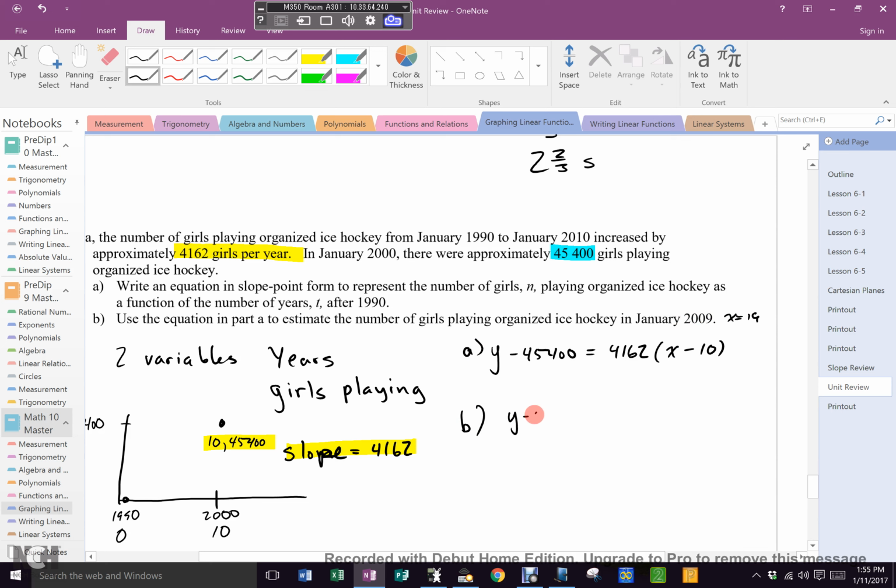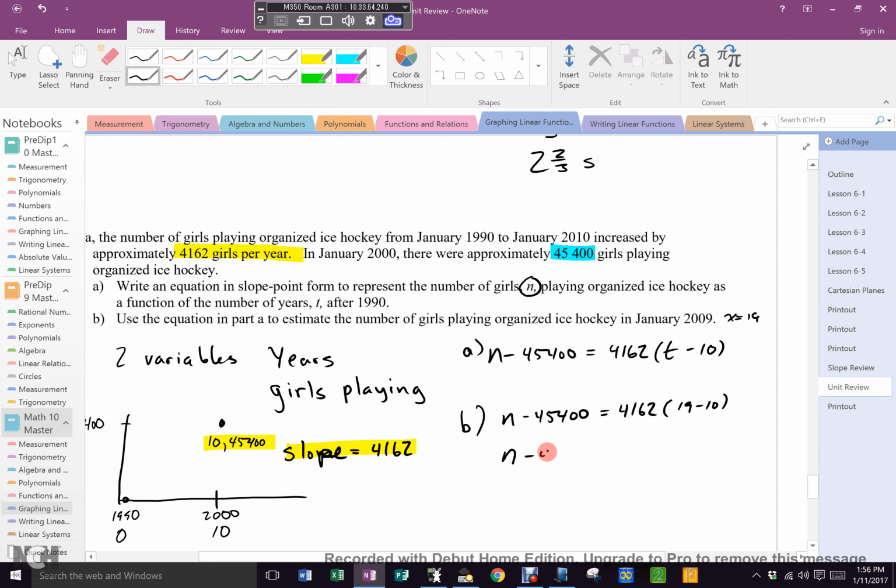So y minus 45,400, but it's not y, it's n. Sorry, that's supposed to be n, and that's supposed to be t, equals 4,162, my slope, times 19 minus 10.